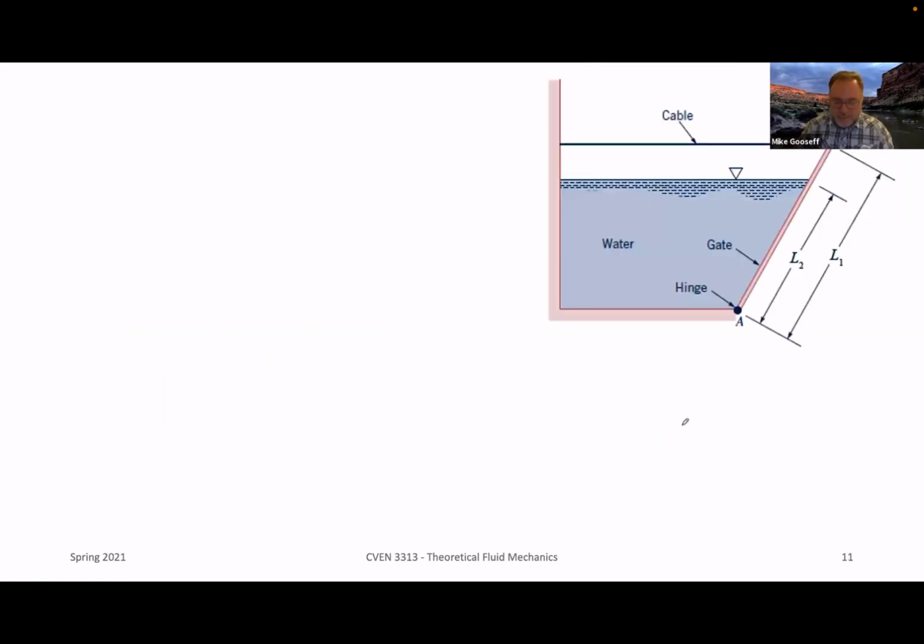Okay, so on the next slide here, we will just solve for T is equal to the 800 pounds of weight force times 4 feet times the cosine of 60 degrees. Remember, the weight force is acting with respect to the centroid of the entire gate. That's where we got 4 feet from.